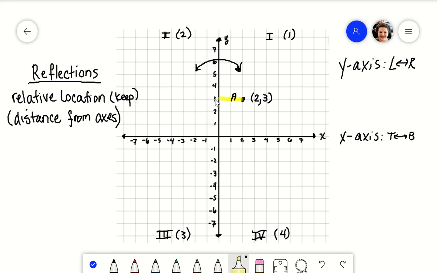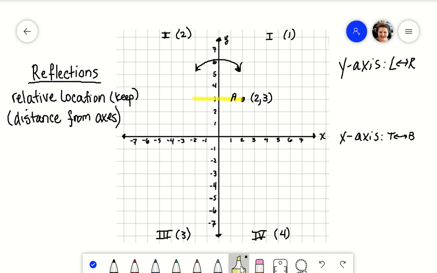That means when I reflect it, I need to preserve that distance. I want it to be in the same relative location. So it's going to be 2 spaces from the y-axis. So this is 2 spaces from the y-axis here. I think I said x-axis, I meant y-axis.